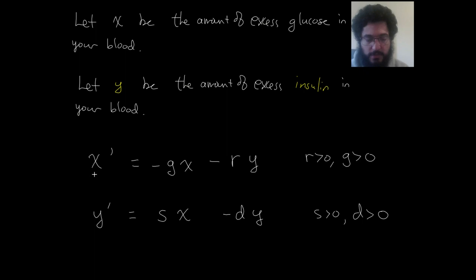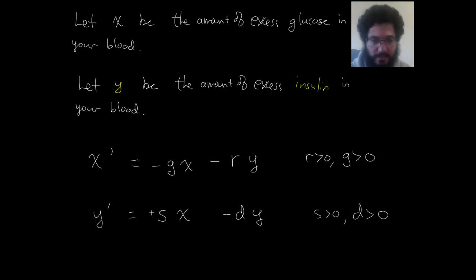So the level of glucose in your blood decreases faster than the natural decay rate would make it decrease. And then as x gets smaller and smaller, y prime gets smaller and smaller. Eventually this term will beat this term, and you'll get y decreasing due to the natural decay of it rather than increasing. And then one hopes that eventually insulin levels go back to normal.